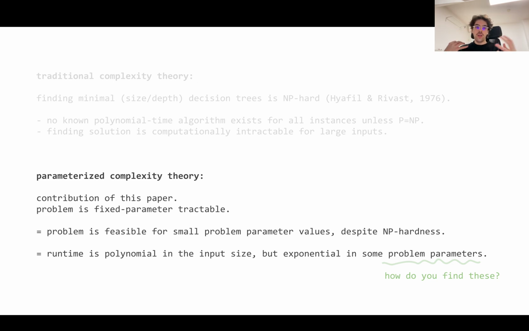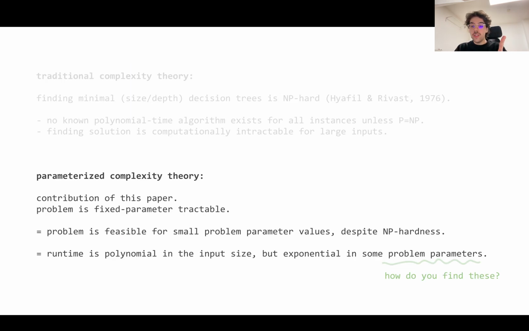So the runtime becomes polynomial in the input size, which makes it tractable, but exponential in some other parameters. So we have a more nuanced perspective on the input, which helps us determine which kinds of inputs are tractable and which kinds of inputs aren't.